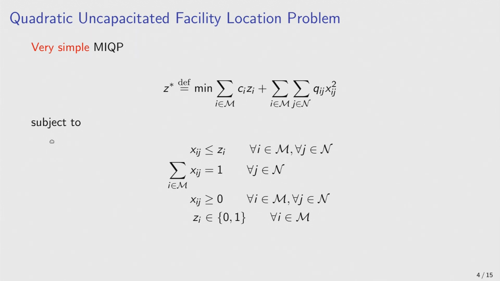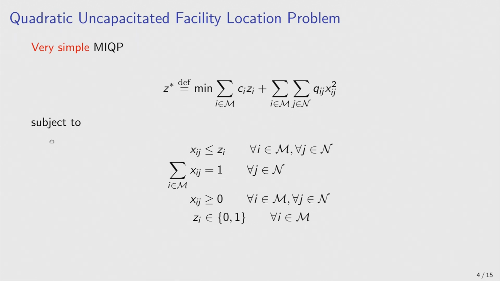So Xij are the fraction of demand of customer J supplied from facility I. So the customer's demand has to be met from these facilities. And then the fraction that's met is non-negative. The customer isn't sending stuff to the facility, and Zi are the binary variables. So that's a very simple problem, but it has a lot of nice structure that we're going to look at a little bit.